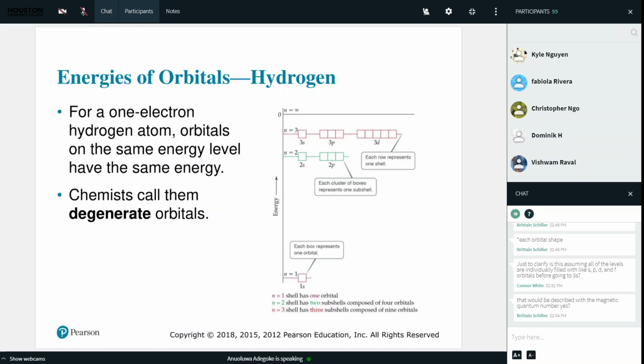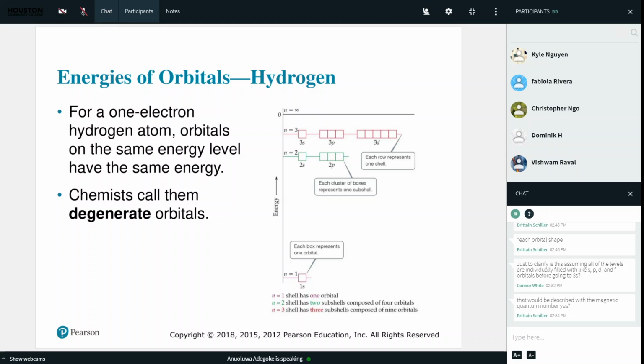You can see that this is 1s, and this is level 1, which has a 1s orbital, then level 2, and level 3. But this only works for hydrogen. Here, n equals 1 has 1 orbital, n equals 2 has 2 orbitals, 2s and 2p. n equals 3 has 3 orbitals, 3s, 3p, 3d. Remember that it has 3d because L equals 3 minus 1, which is 2, which corresponds to d.